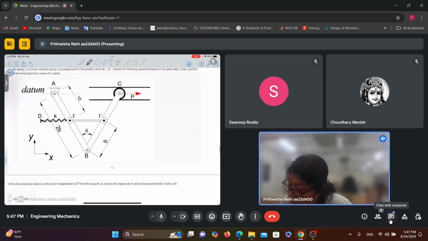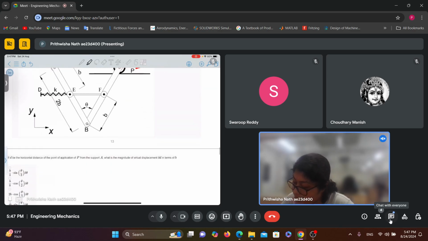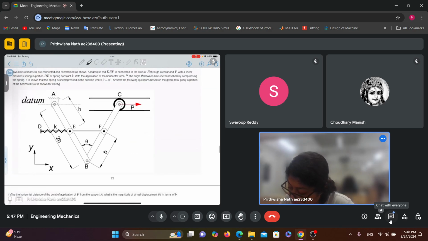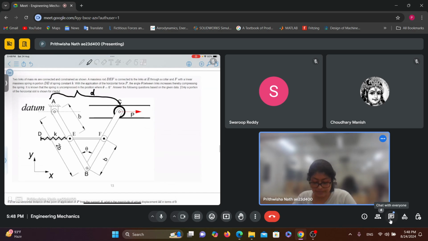So, the question: if D is the horizontal distance of the point of application of P from support A, what is the magnitude of virtual displacement delta D in terms of B? So you need to find this distance D, and after that you need to find delta D. So can you try solving? It is more or less similar to the previous problem, almost similar.